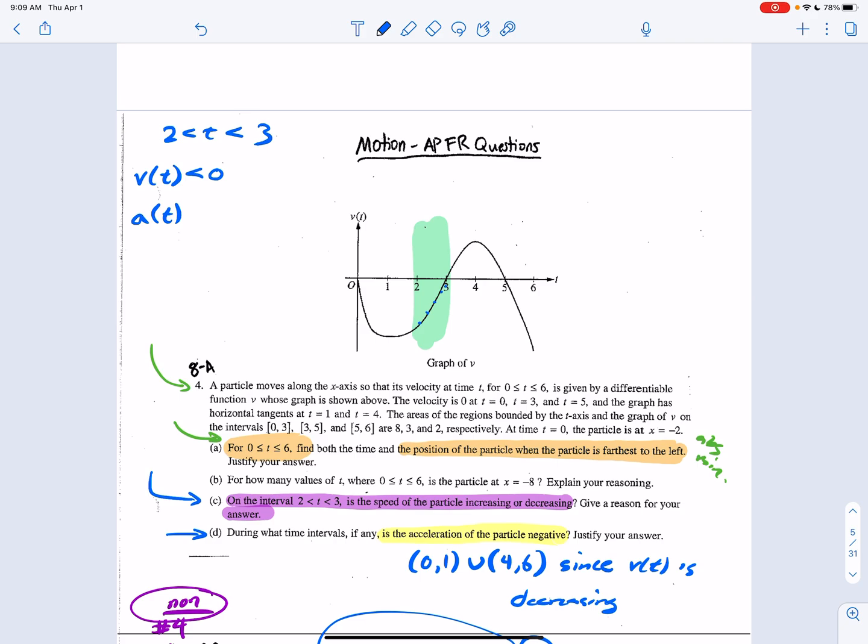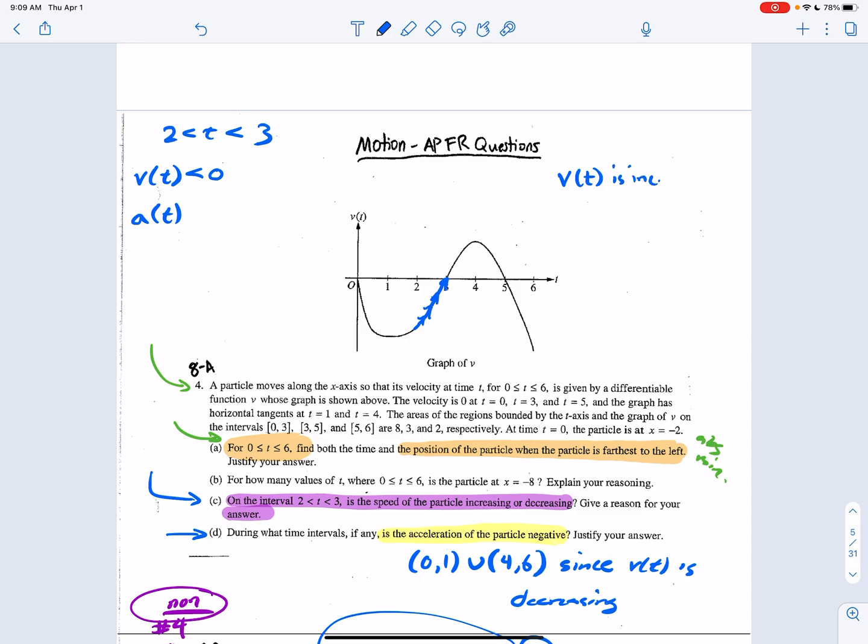But you remember that acceleration is the derivative of velocity. So you can notice here that velocity is physically increasing. V of t is increasing.